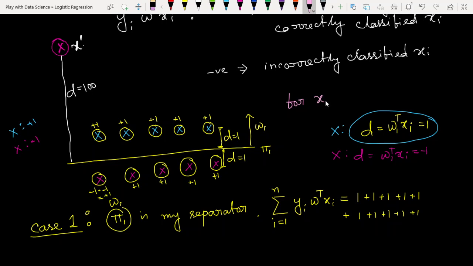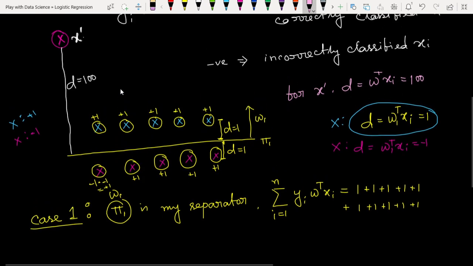For x dash, what will be our d? d will be w transpose xi, and actually this distance is plus 100.